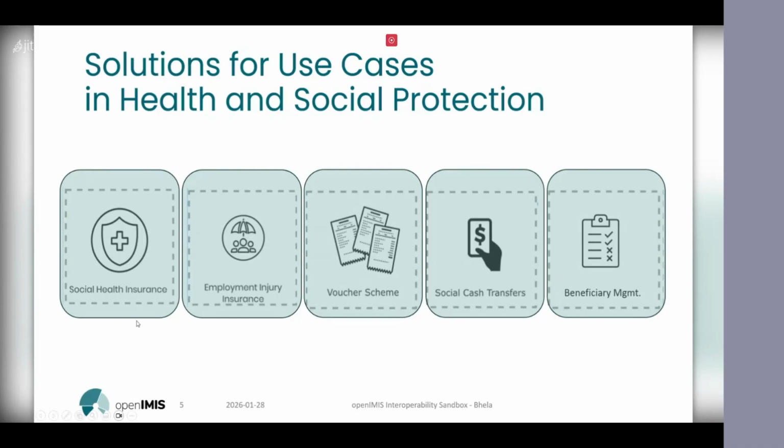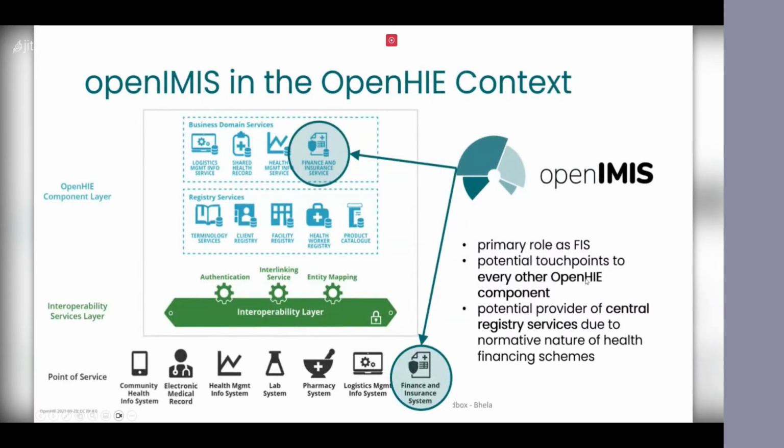So we are looking at a solution for health insurance, a solution for social cash transfer, and a few others. And on the other side, we are looking at interoperability scenarios between those solutions, like openIMIS in different roles in a health system or in a social protection system, and the ways that openIMIS interoperates with other systems.